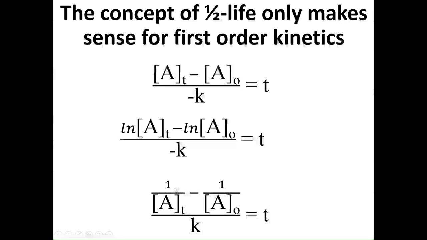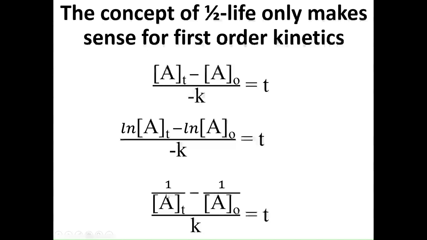If I solve the second order integrated rate law for time, and I want to talk about the half-life, which is the time for half of something to be converted into a different form: if I started with 1 molar and ended up with half molar, I would have 1 over half, which is 2, minus 1 over 1, which is 1. So I'd have 2 minus 1, and I'd get 1 divided by k, which would be my half-life.